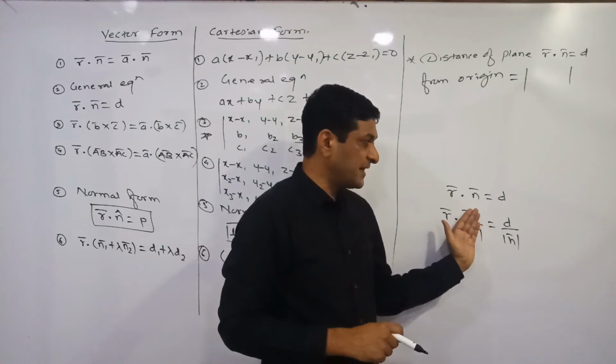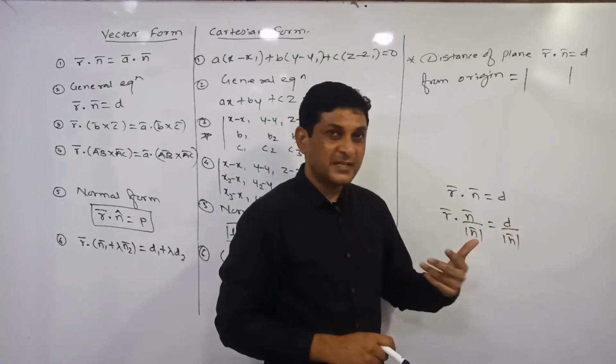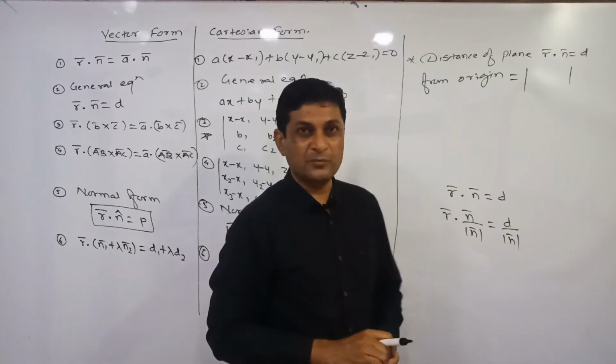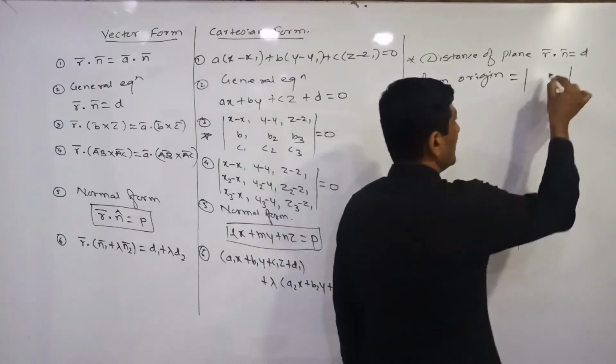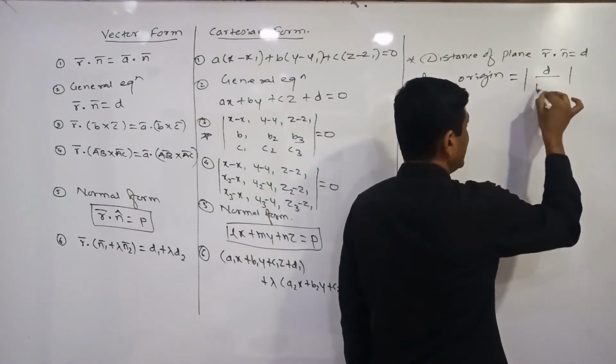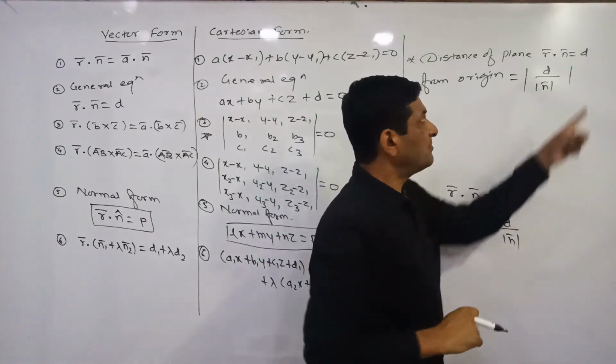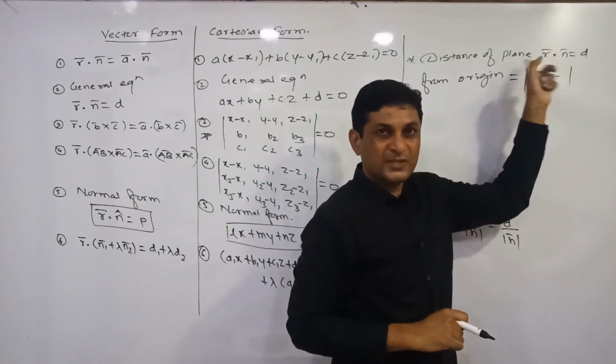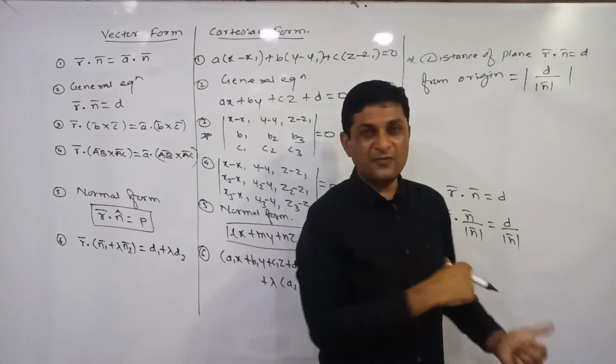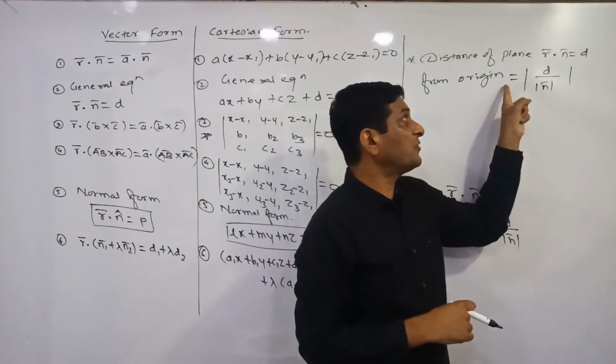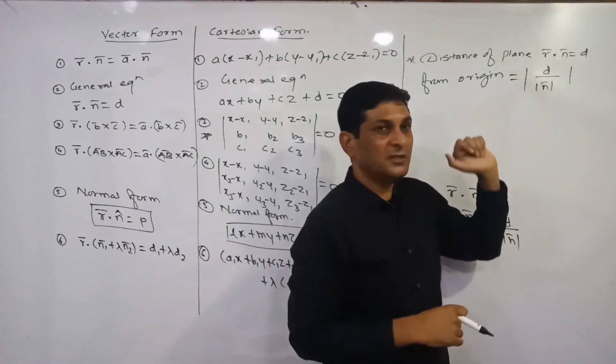If this is a unit vector, then the value on the right hand side is called the distance of the plane from the origin. So the formula we have got here is d upon magnitude of n bar. Here the values of d and n bar we will get from the equation, and using normal form we are getting one formula to find the distance of this plane from the origin.